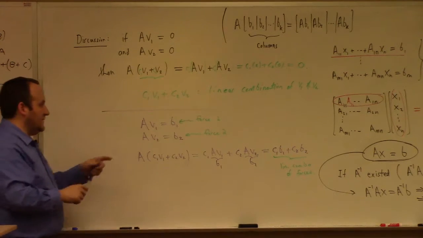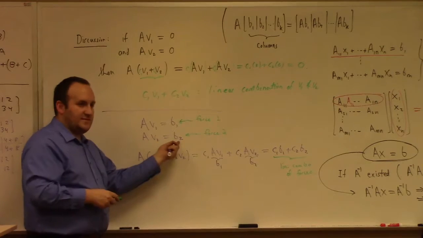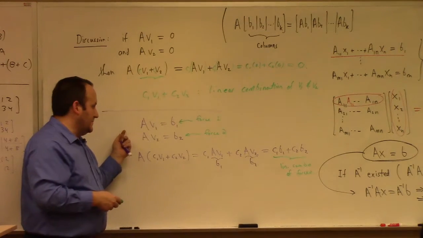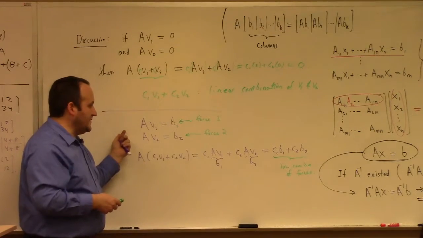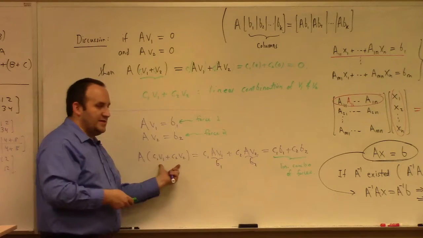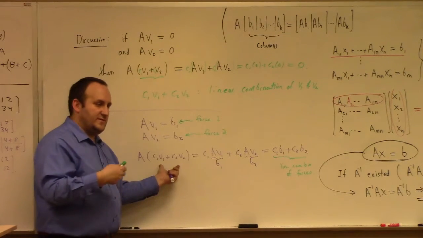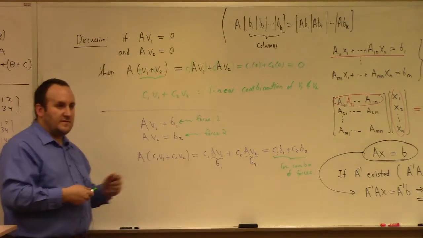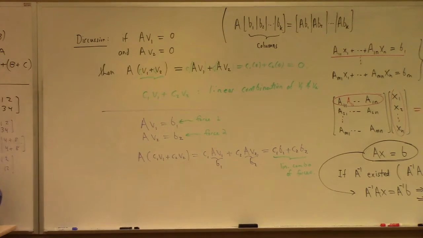The response from B1 and the response from B2 from the system A, well, if you face a linear combination of the forces, then you just do the same linear combination of responses. In other words, the net outcome for the system is the sum of its parts. This is the superposition principle. Many physical systems satisfy this superposition principle, which underlies the fact that they're a linear system.